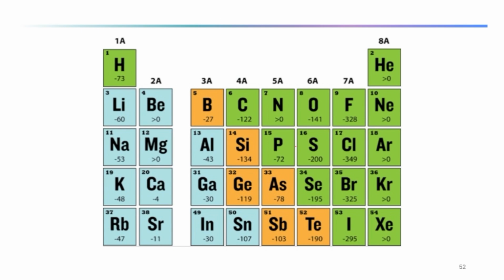Now for your reference, you can check this data. Here I have mentioned the electron affinities. You can see the electron affinity values here. Greater than 0 means it doesn't want to take electron.